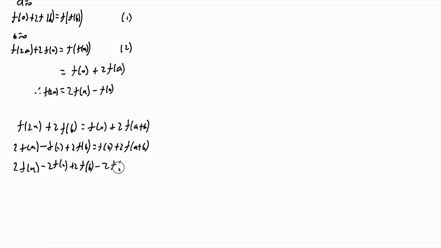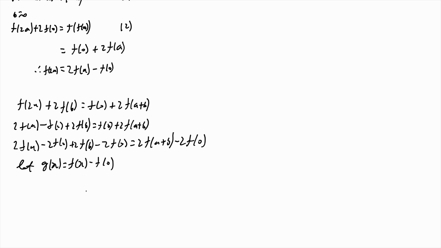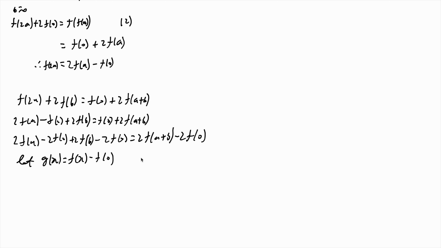Now subtract 2f of 0 on both sides, so that we can let g of x equal 2 times f of x minus f of 0, where g is integers to integers.